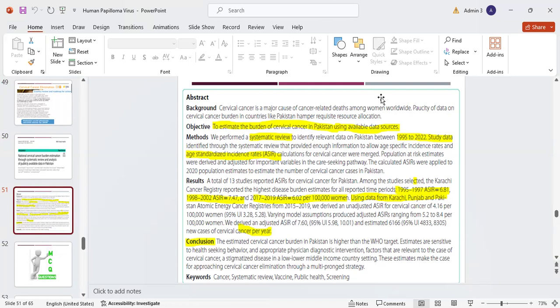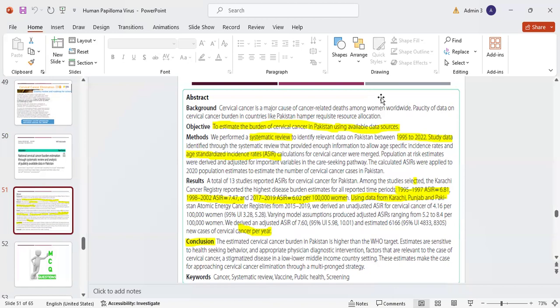Using data from the Karachi, Punjab, and Pakistan Atomic Energy Cancer Registries, 2015 to 2019, they derived an unadjusted ASIR for cervical cancer of 4.16 per 1 lakh women, and varying model assumptions produced adjusted ASIRs ranging from 5.2 to 8.4 per 1 lakh.